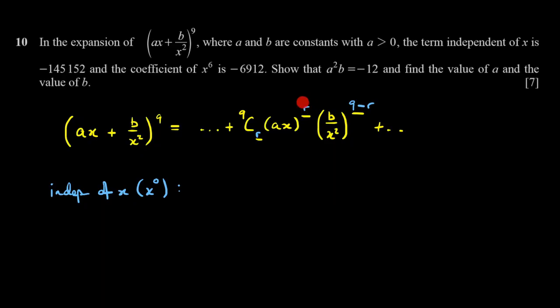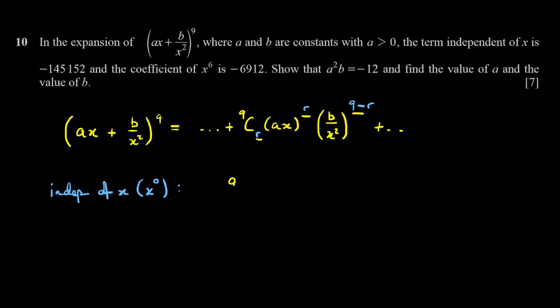If I choose r to be equal to 6, and this other power to be equal to 3, then I'm going to get an x to the power of 6 divided by x to the power of 6. So my x's are all going to cancel off, and I'm going to be left with a term with no x's. Let me demonstrate that more carefully.